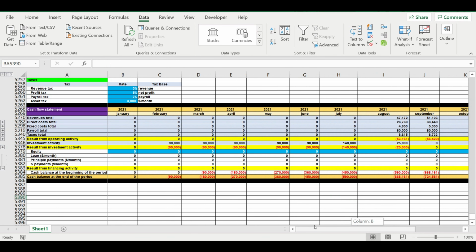The first way to calculate the amount of financing: let's say that we don't have a loan, we just invest our own money from our pocket. So we just take the equity line here, look at the negative value, and put this value with the opposite sign here.